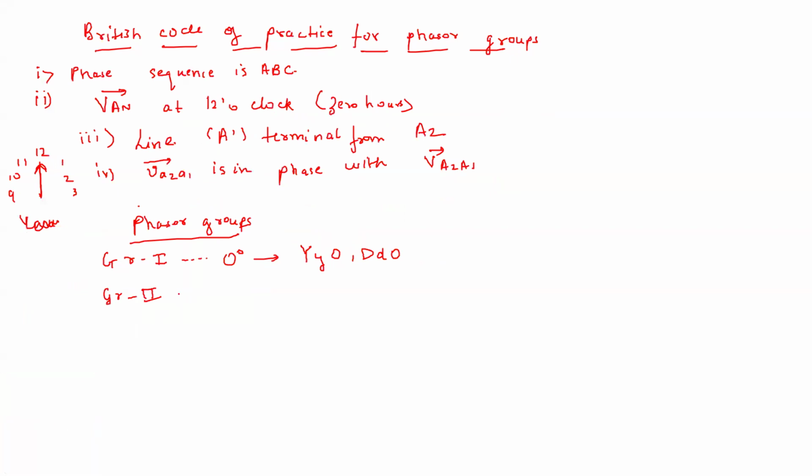So group 2 is the 180-degree group. Here we have these vector groups, with 6. Why? Because of the clock hand, if you see, it is like this, right?